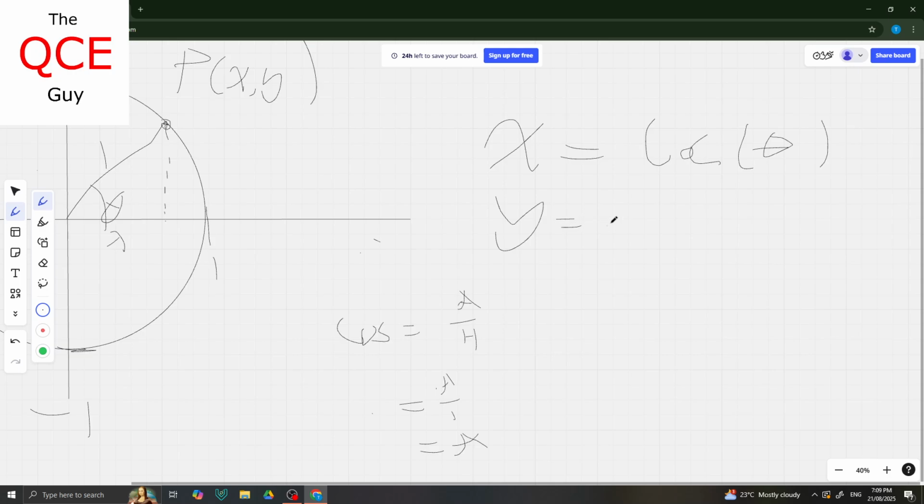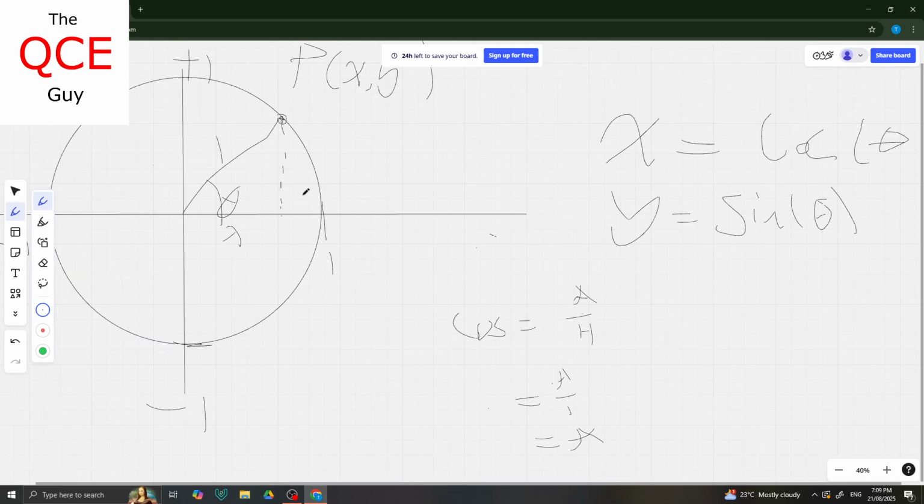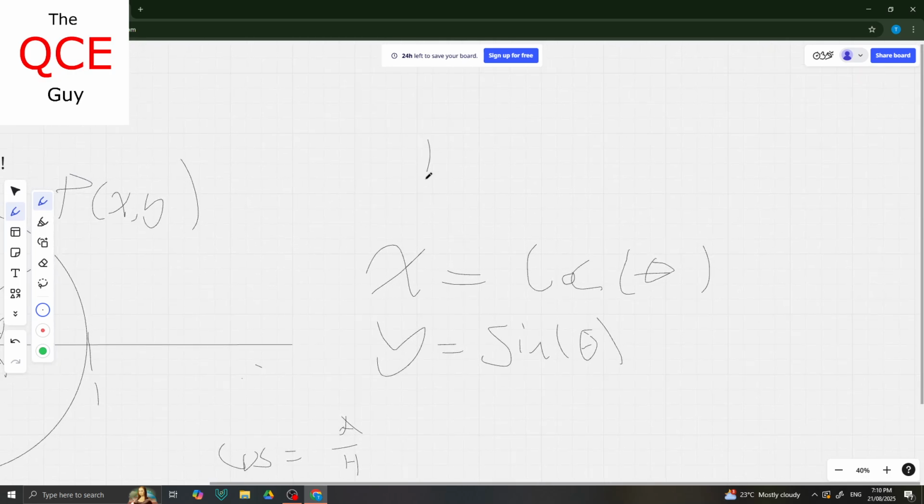And your y is going to follow a similar thing, but instead of cos, it's going to be the sine, and for the same reason, that's going to be opposite over hypotenuse. The opposite here is divided by 1, so it'll just be the opposite, which is the same angle. So now we have a definition for that point P(x, y), where P is going to be equal to (cos theta, sin theta).